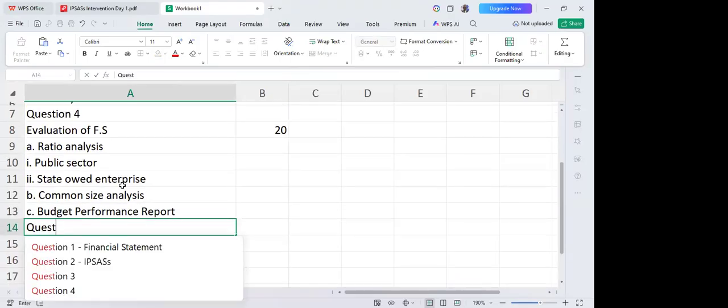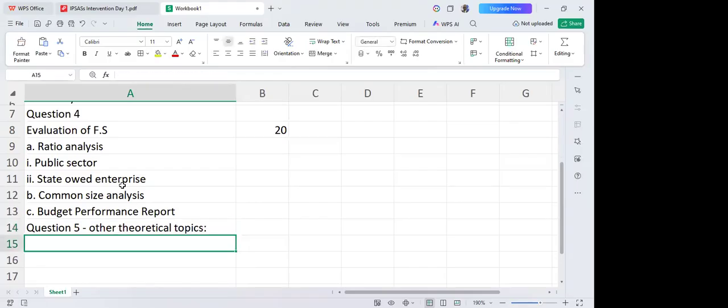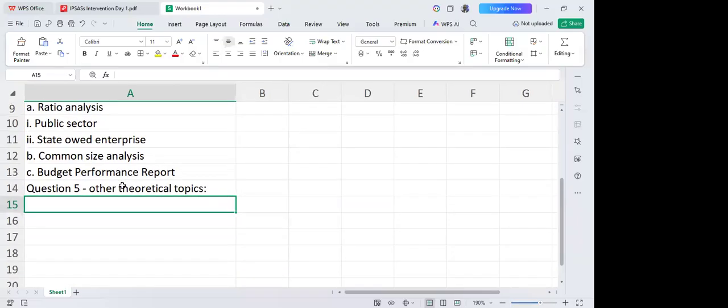Then we have question five, which will basically be on the other theoretical topics in the syllabus. So other theoretical topics here, this is where he spoke about the public officers and the others. Those will be covered under question five.